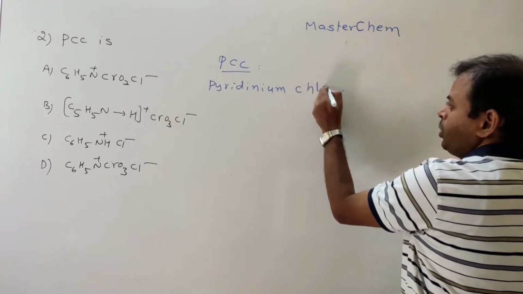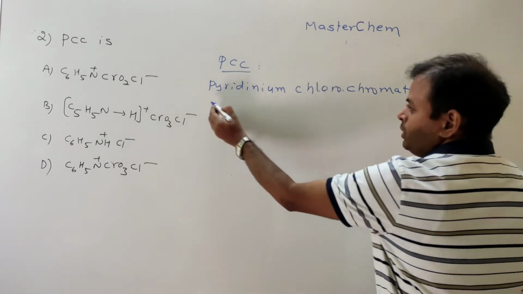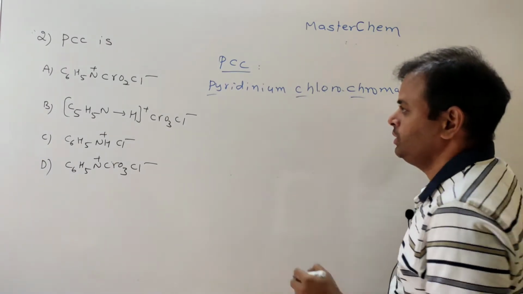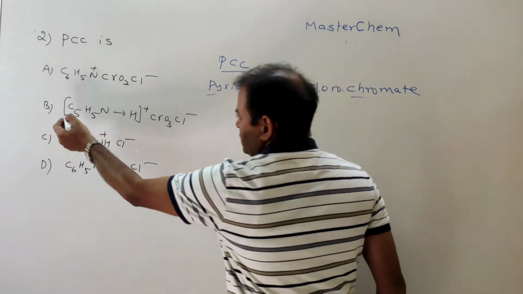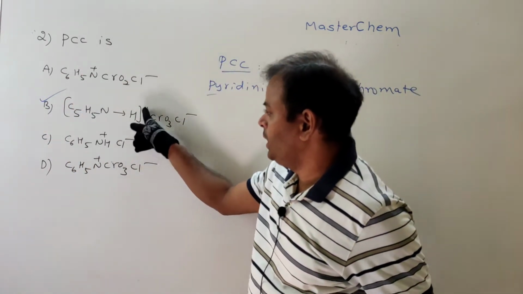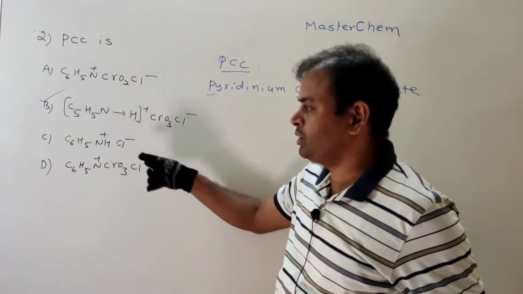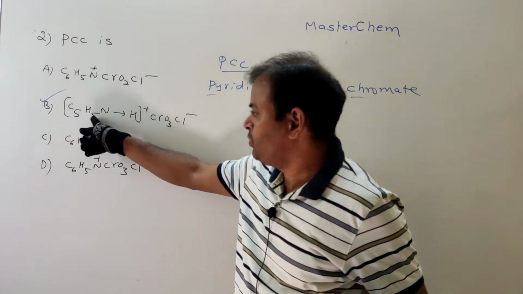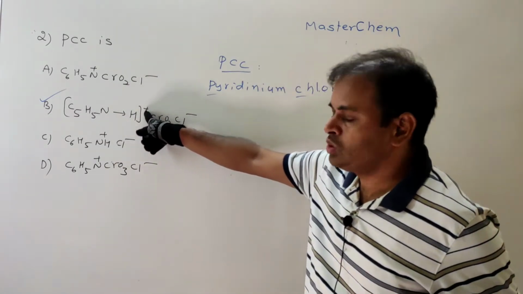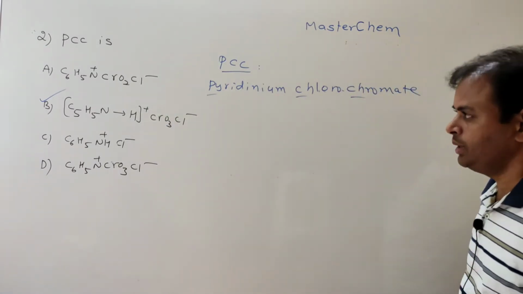So that's why B is the correct answer. We know pyridinium chloro, what is pyridine? C5H5N. That is pyridine. So with a positive charge, pyridinium chlorochromate, that is called PCC.